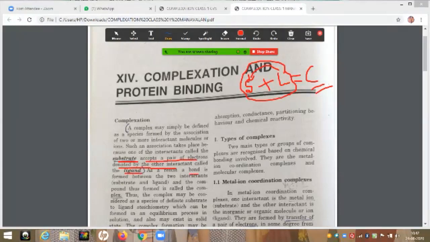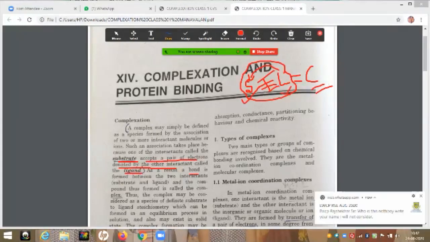As a result, there will be a bond formed between these two interactants, that is the substrate and the ligand, and the substance thus formed, we call it the complex.